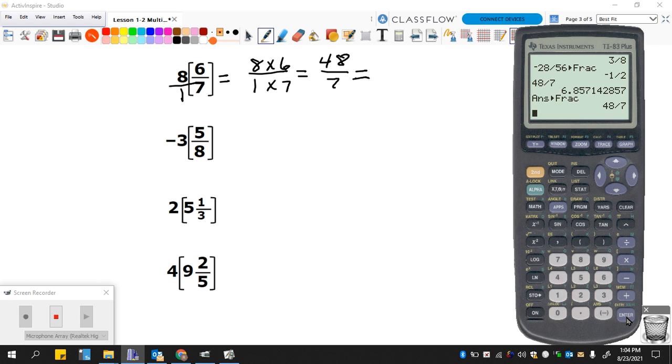And that is already in lowest terms. So what we could do if we want to is 0.857142857. Do math, enter, enter.